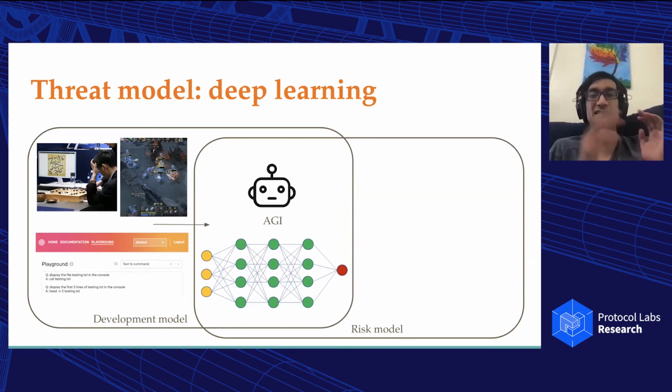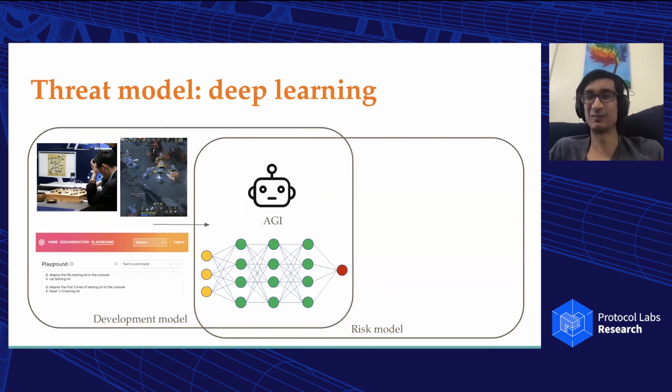And because this neural net is trained on such a diversity of data, the only way that it can actually do well on this is to learn some form of general reasoning, quote unquote. And that's what then ends up making it an AGI.